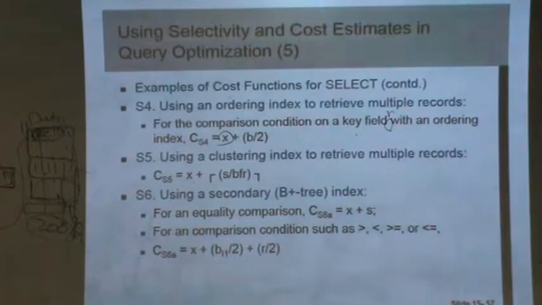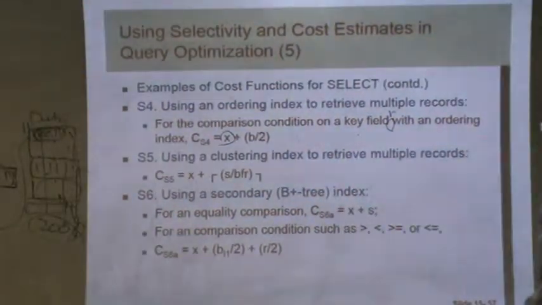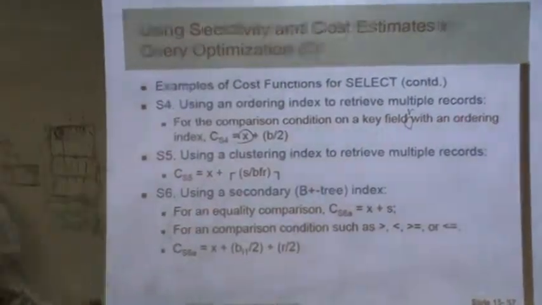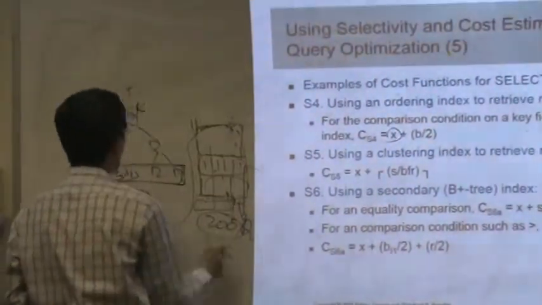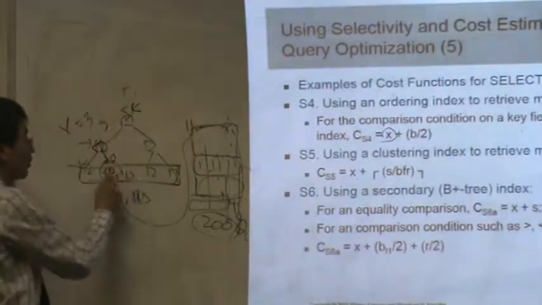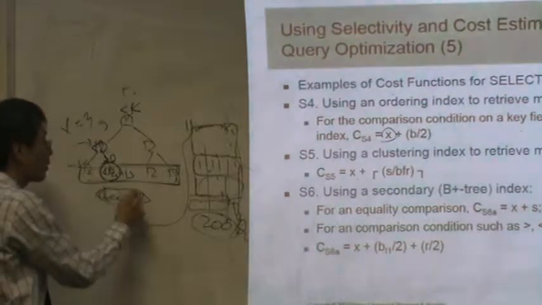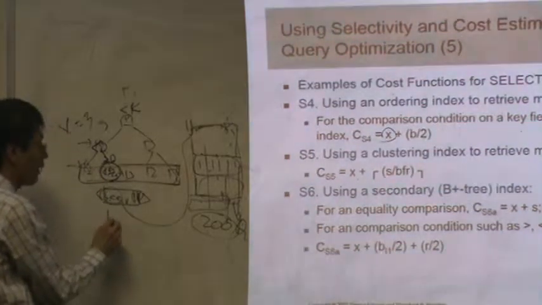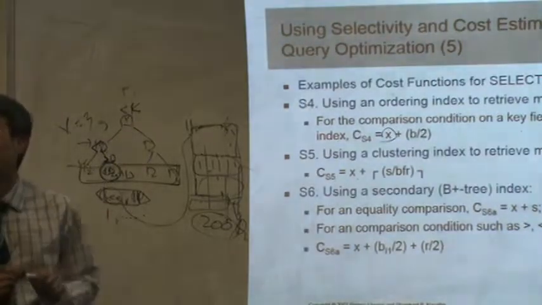Then, if we are using a clustering index, what is a clustering index? Like the department number. This is an employee table, but organized by this index, the department number. Department number 1, for example, has many pages, right?